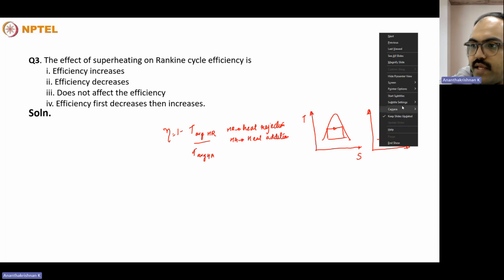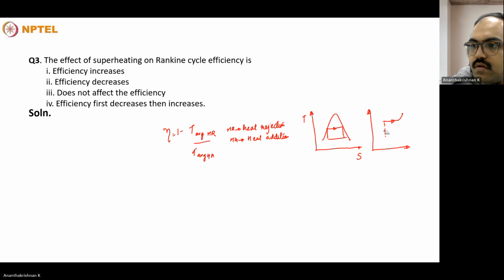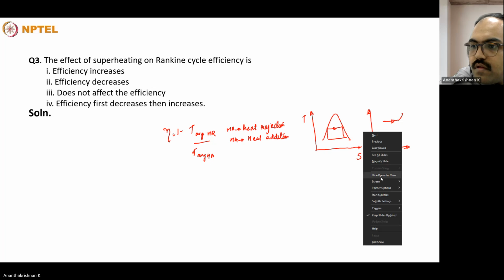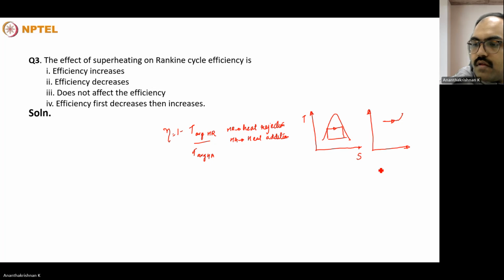So there is no subcooling as such. In this case, the average temperature of heat addition will be T2 compared to T1.